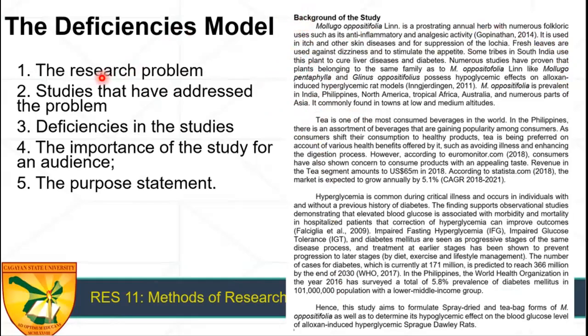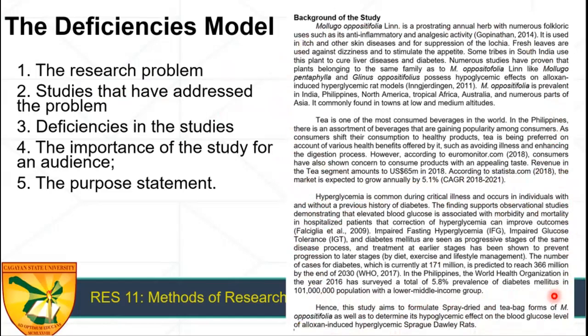It's not arranged, but the research problem is here at this part, and also the studies that have addressed the problems. This is where the importance of the study goes. And this is the purpose of the study.